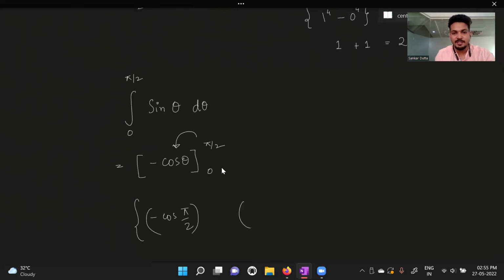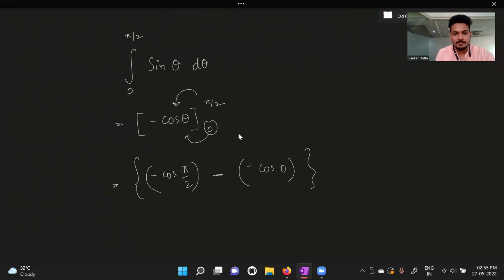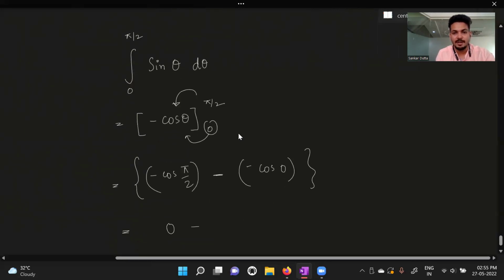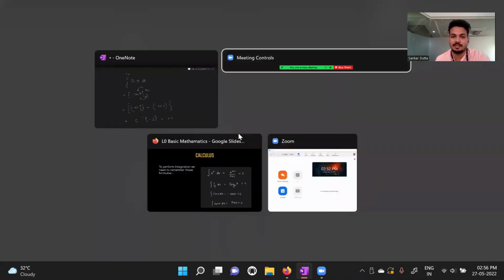And then I'll plug in 0, minus of cos 0, and then I'll put a minus in between. So this becomes 0 minus minus 1. So this is plus 1. So you understand what the signs are doing. Just take a few moments to realize what is happening. So this is how you do integration.